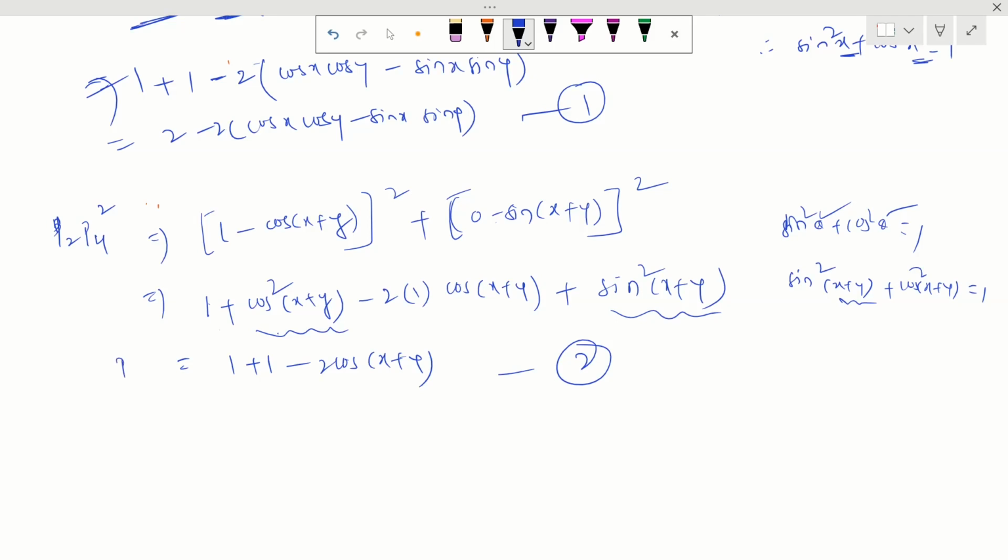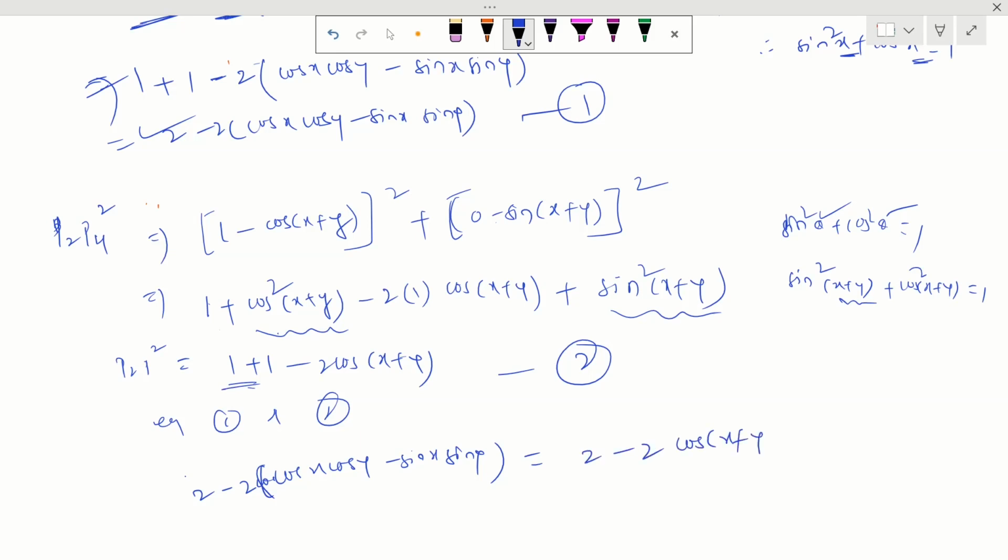Now we can equate these two formulas, equation 1 and equation 2. So now we can write 2 minus 2 (cos x cos y minus sin x sin y) equals equation 2, where 1 plus 1 is 2, so 2 minus 2 cos (x plus y).